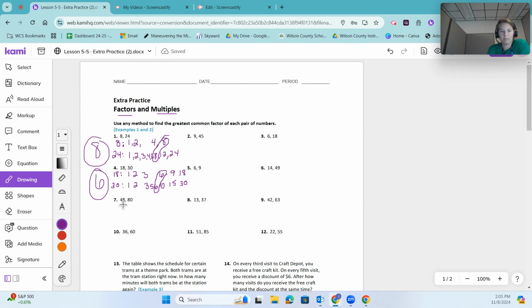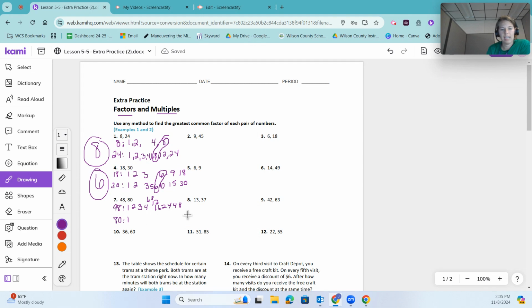Then we've got some bigger numbers, 48 and 80. Same thing, just listing out those factors and finding which one is the largest. So 48: 1 and 48, 2 and 24, 3 and 16, 4 and 12, and 6 and 8. They got a little scrunched up in there.